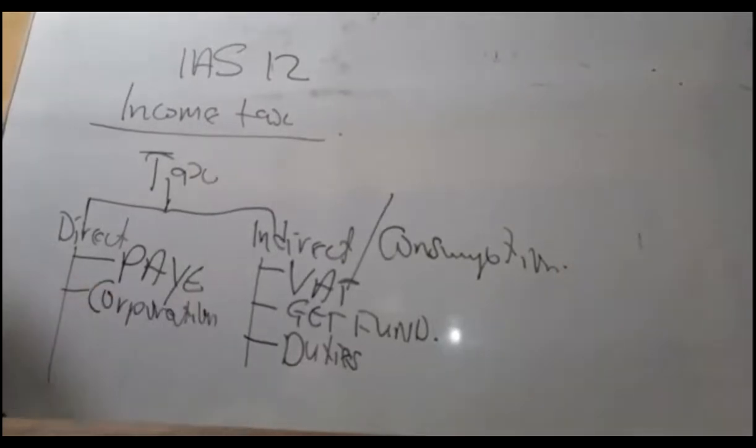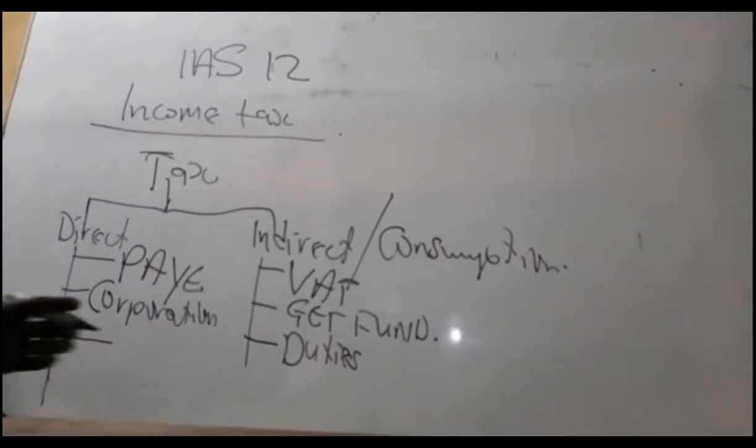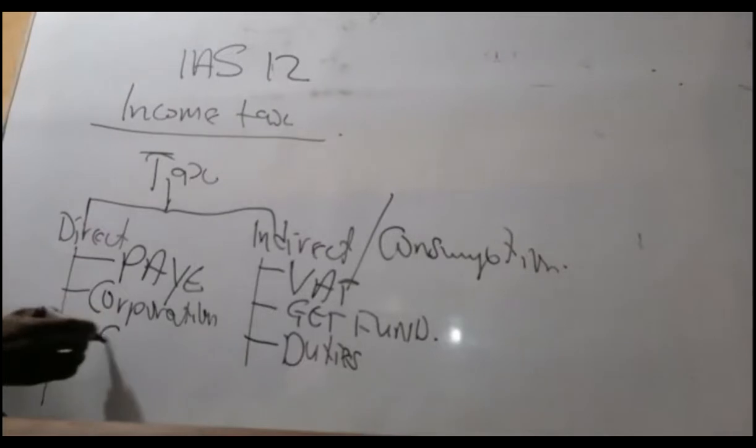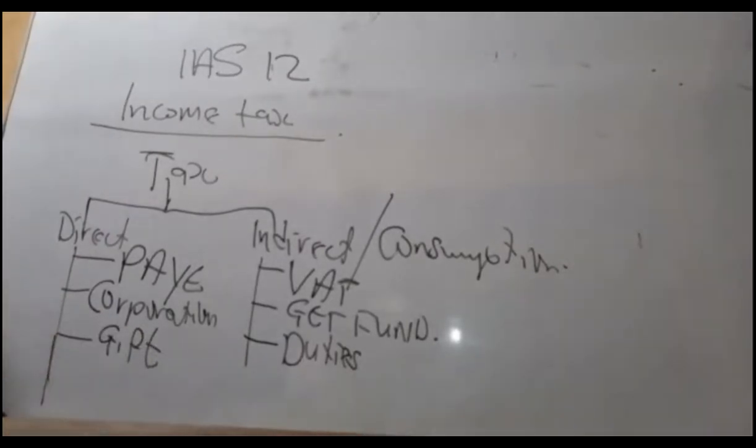Another one is also called gift tax. I like that. Please gather all the gifts that someone has given you. Go and pay tax on it. Yes, you have to go and pay tax on it. Gift tax.